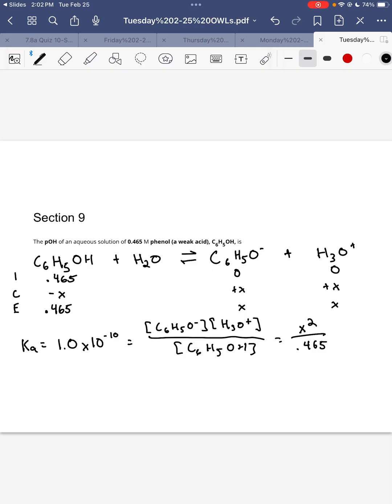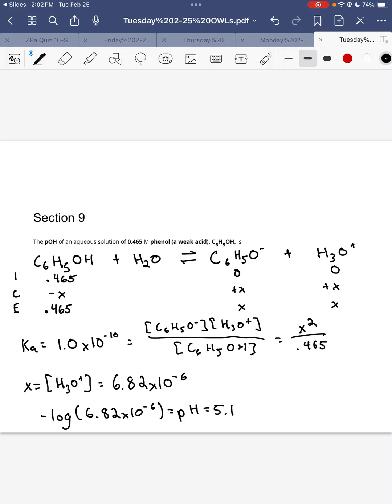What that means is that X, if I do some algebra, which is equal to my concentration of hydronium, is going to be equal to 6.82 times 10 to the negative 6th. So if I take the negative log of 6.82 times 10 to the negative 6th, that gives me my pH, which is 5.17.